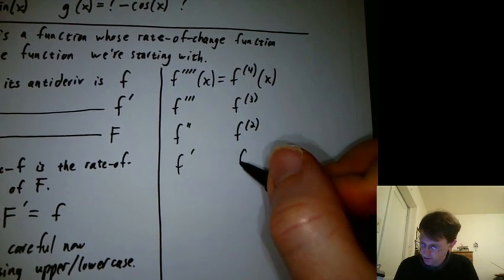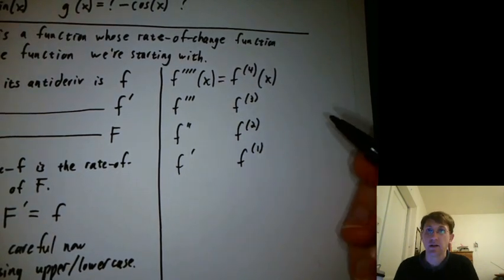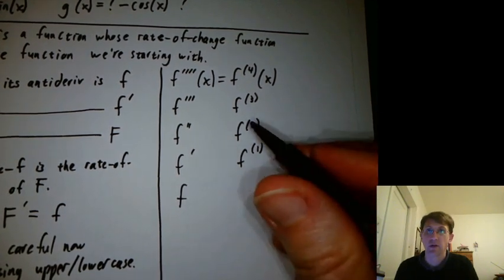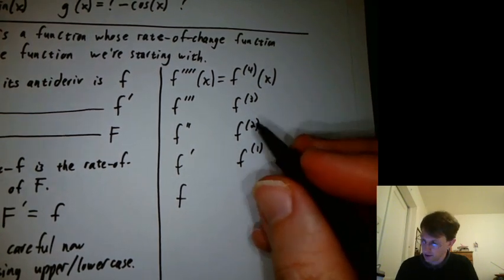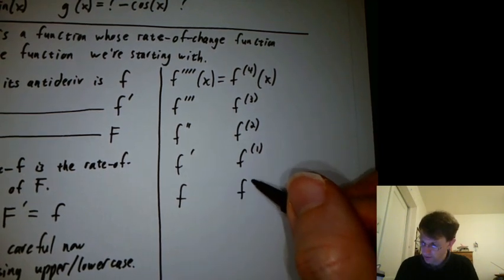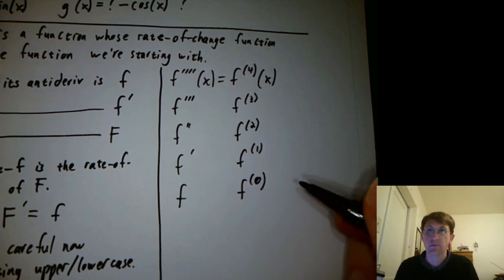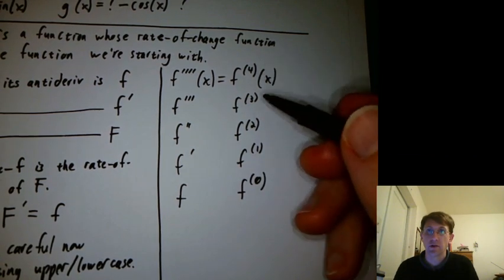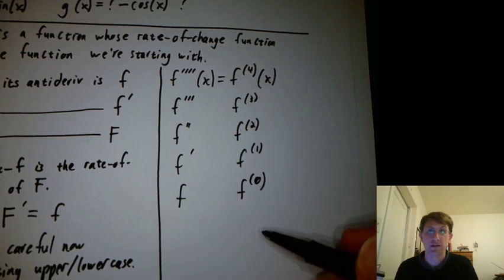F prime, you could write that as f super 1. And I think we said last time we talked about superscript notation here, little f all by itself, you could say, well, that's the 0th derivative. And then what goes in this pattern? Well, 4, 3, 2, 1, 0, blast off?